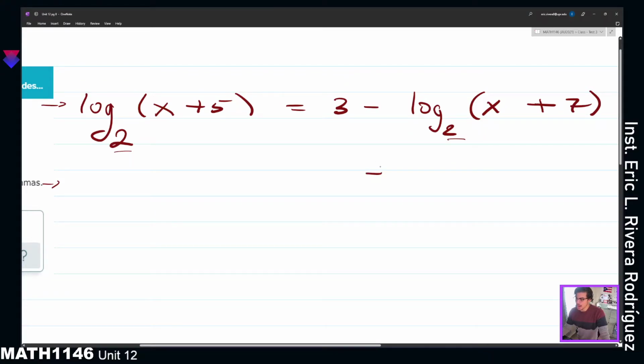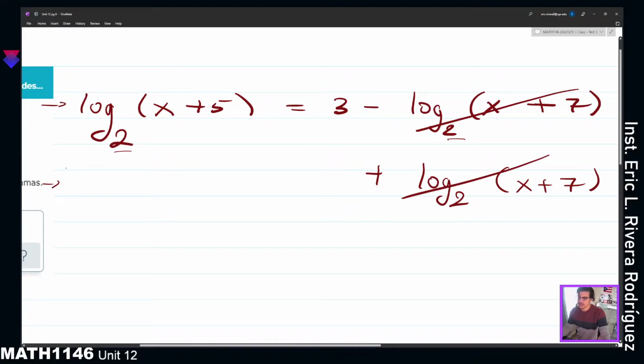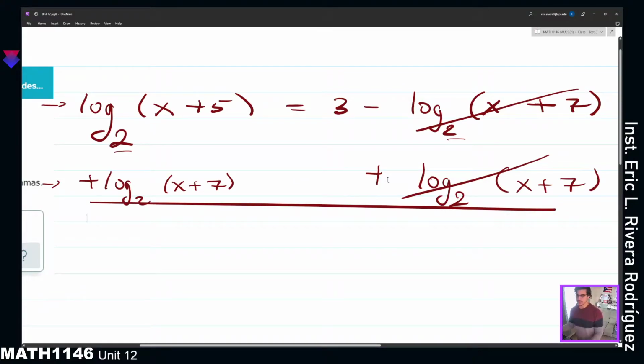So adding both sides by log base 2 of x, we can now cancel this here, and then doing the same on the other side. We get the following.